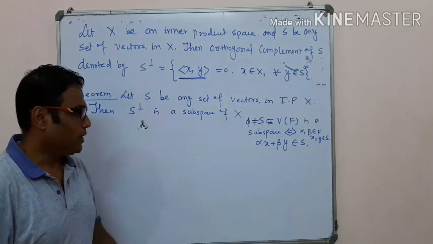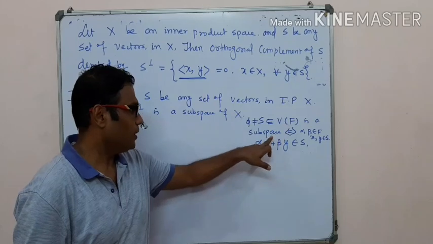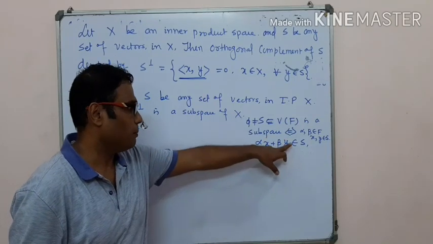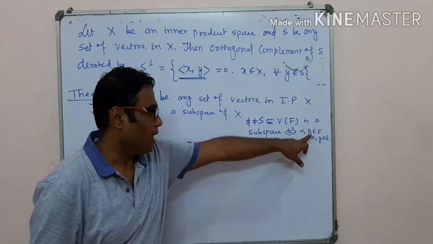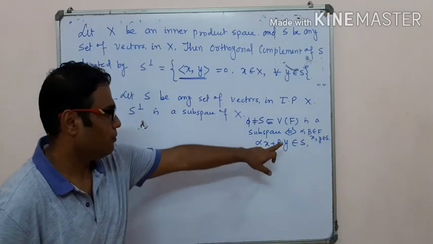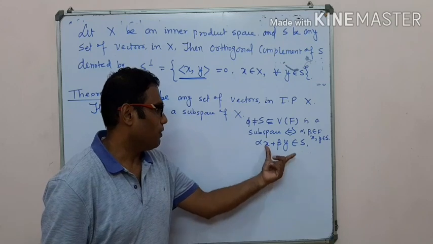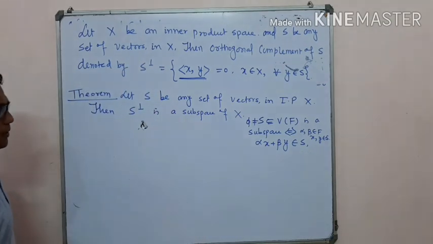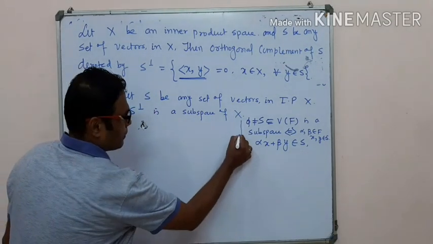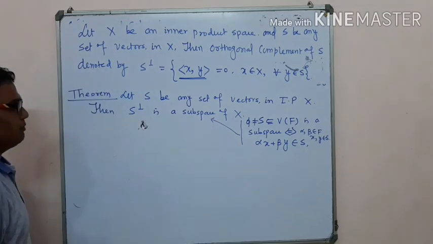A non-empty subset of a linear space is a subspace if for any scalars alpha and beta in F and two elements x and y in S, alpha x plus beta y belongs to S here. Using this concept, we prove this theorem.